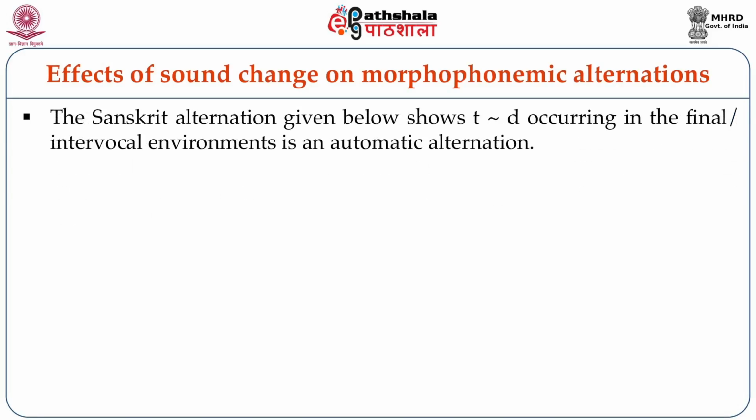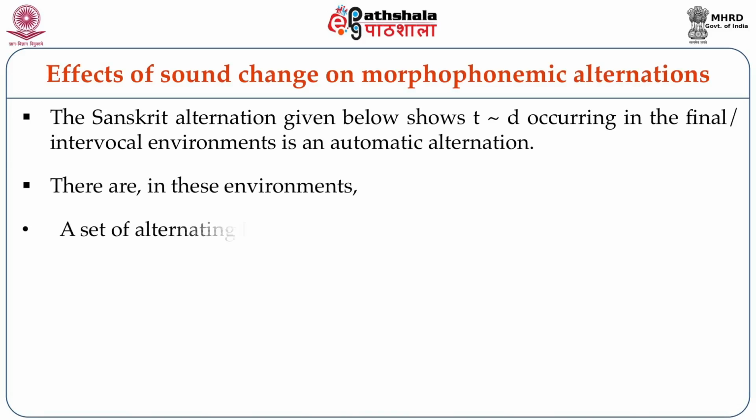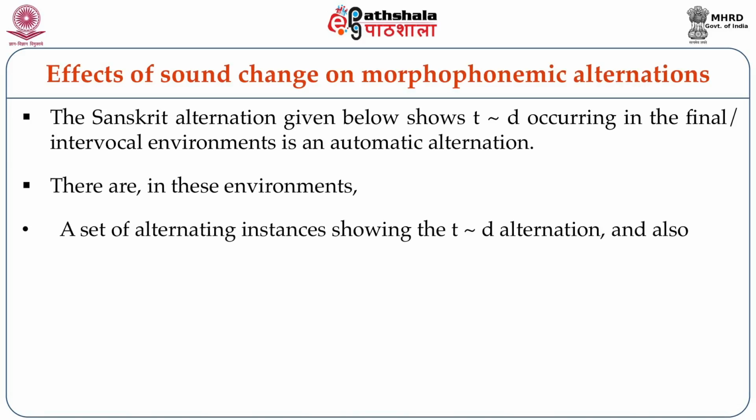The Sanskrit alternation given below, showing t/d occurring in the final or intervocalic environments, is an automatic alternation. There are, in these environments, a set of alternating instances showing the t/d alternation, and also a single set of non-alternating instances showing a t/t relationship, as shown below.